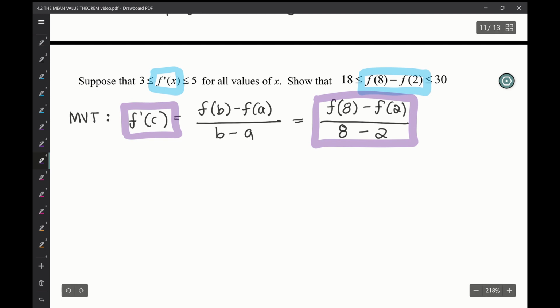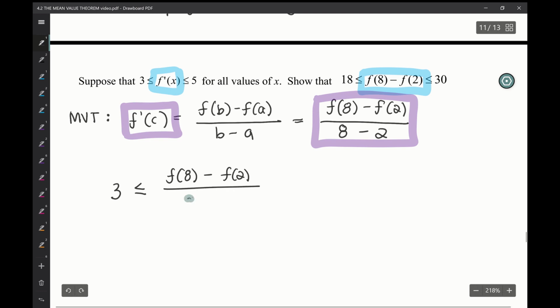So we can substitute that in. So we have 3 is less than or equal to f of 8 minus f of 2 over 8 minus 2, which is 6, and this is less than or equal to 5. So we replaced the f prime of x in there.